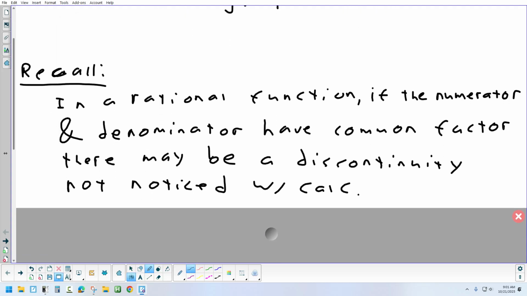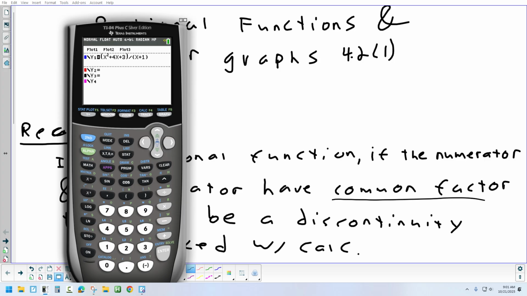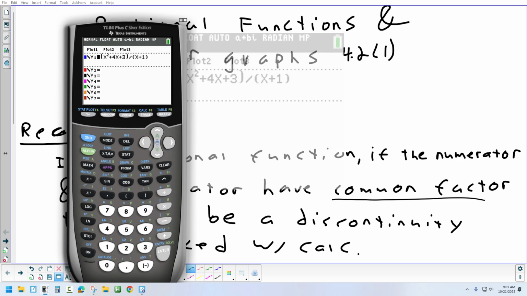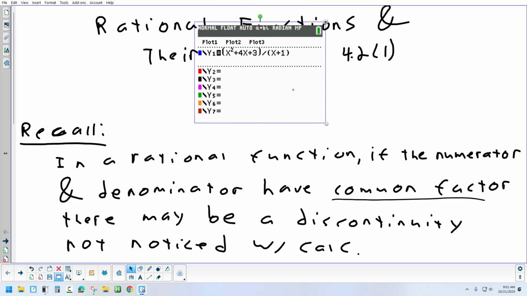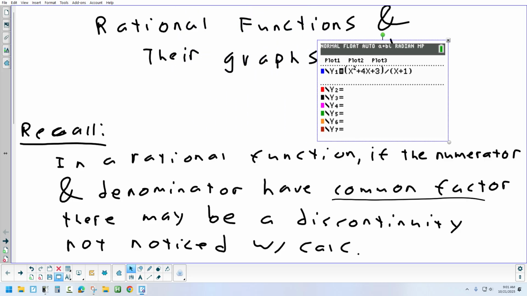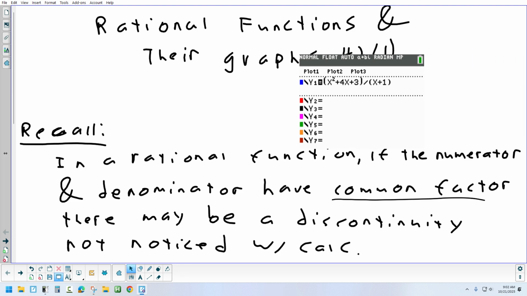And that's because in the second one, I had a common factor. If it didn't look like I had a common factor, it's just because of the way I wrote it. Look at that. The numerator was x squared plus 4x plus 3. But if you factor it, watch what happens.